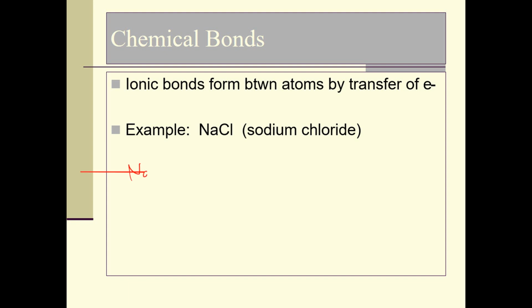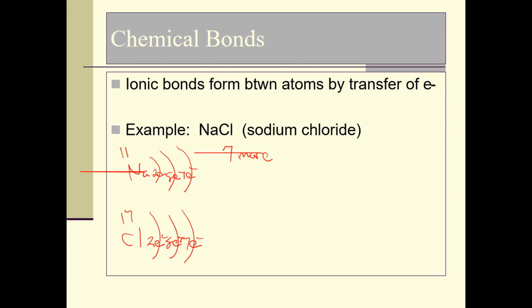So if we take a look at sodium, sodium has an atomic number of 11. So that means we have 2 electrons, 8 electrons, and then 1 electron. So sodium needs 7 more. Chlorine, atomic number 17, 2 electrons, 8 electrons, 7 electrons.